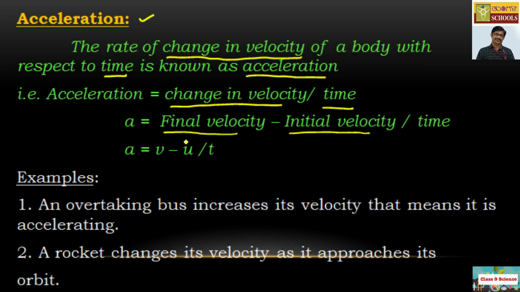For final velocity, we are assigning the symbol v, and for initial velocity it is u. Therefore, a is equal to v minus u divided by t. Acceleration is mathematically written as a equals v minus u by t.